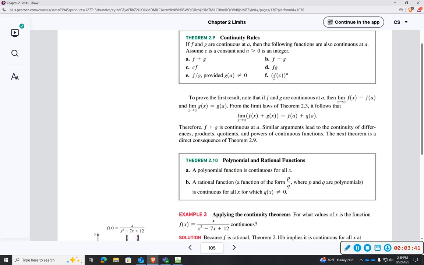And then f of x to the nth power will also be continuous. So this is just saying if they're continuous, then all of the following are also continuous.